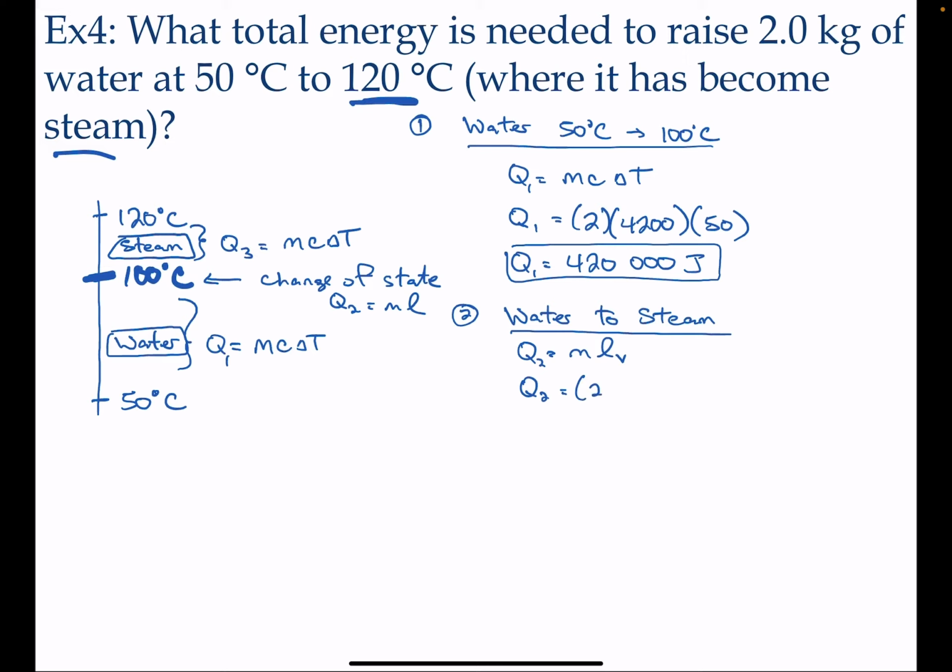The mass is still 2 kilograms. Okay, so imagine that we're able to capture all the steam. We're not losing any steam to, I don't know, the environment. Q2 then, 4,510,000 joules. That's a big number.